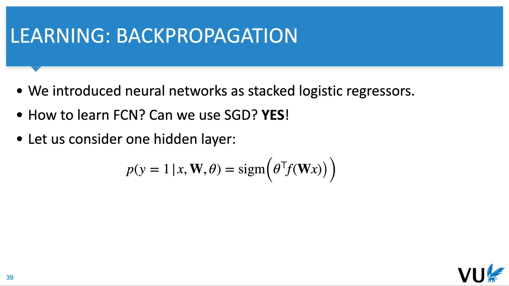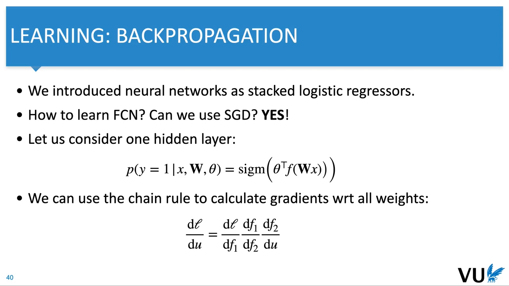Let's say we consider one single hidden layer with some non-linearity f. We can use the chain rule to calculate gradients with respect to all weights. How can we do that? Let's say that this L, which looks a little like E, is the loss function.